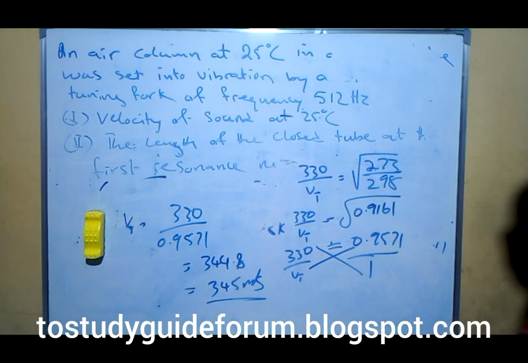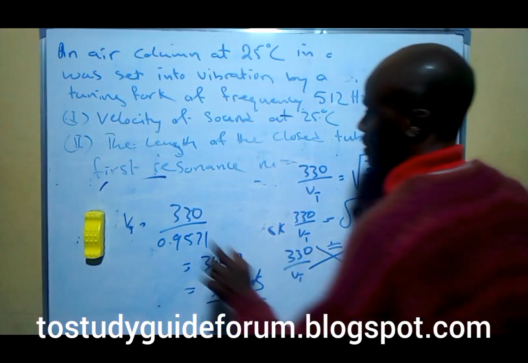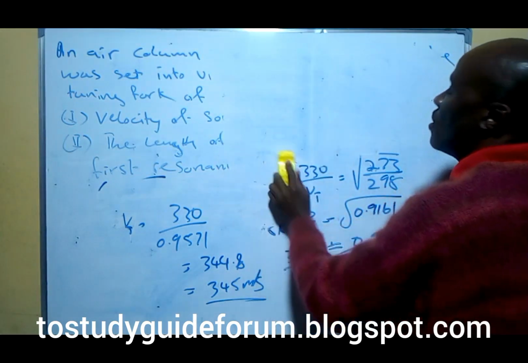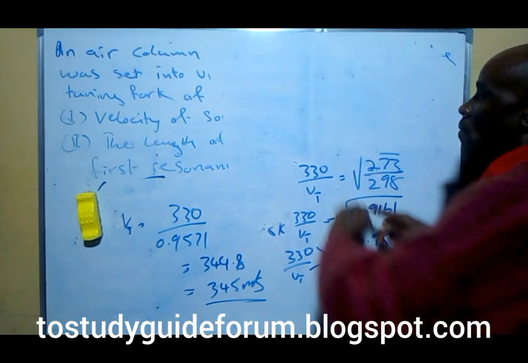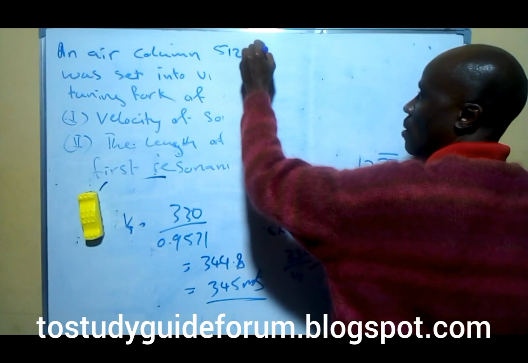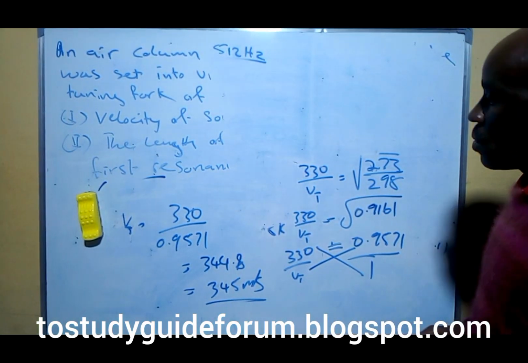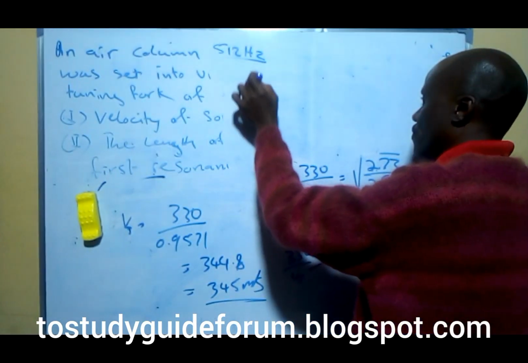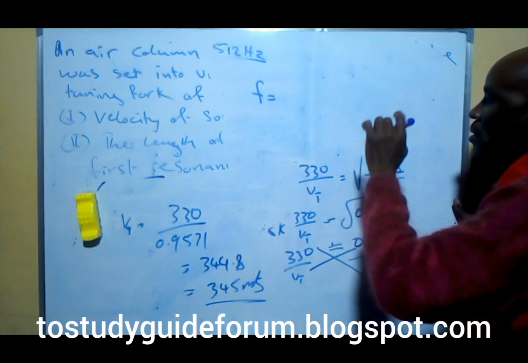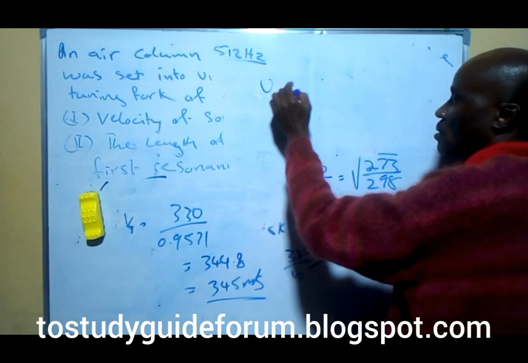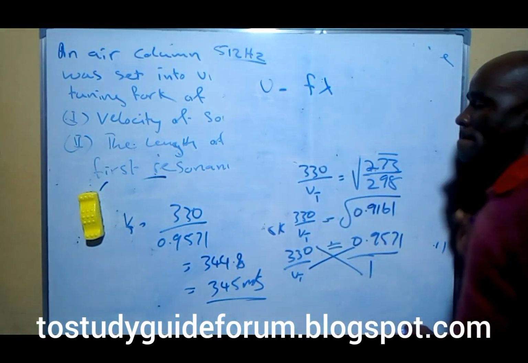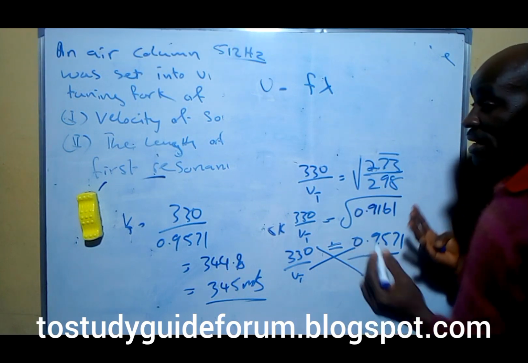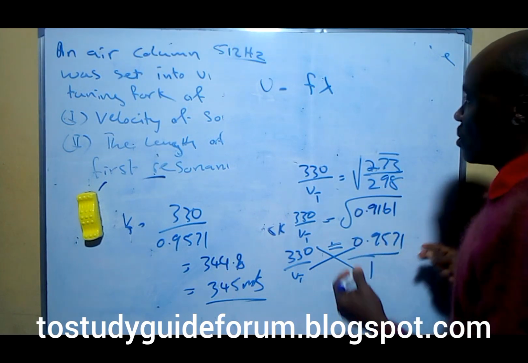25°C. So the next one we're going to look into now is the length of the closed pipe. We know that frequency, or let's say velocity, is always, so now we're neglecting the end correction, so we can just go ahead.